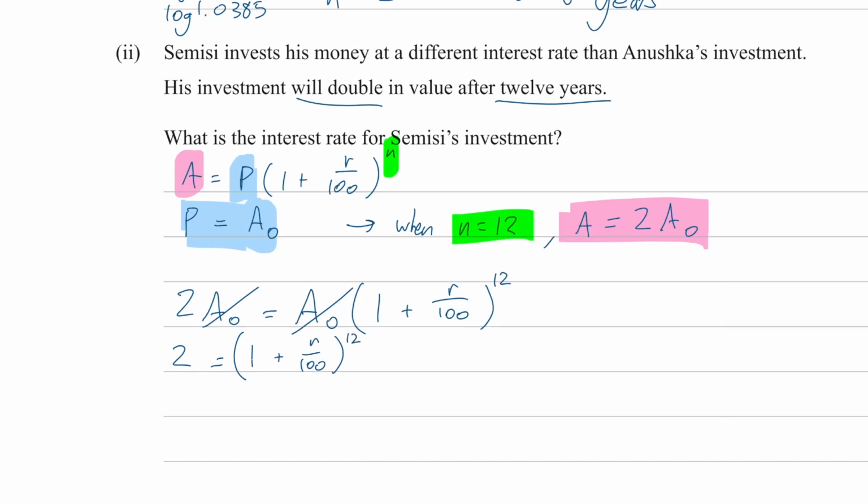Now we can take the 12th root of both sides, because the 12th root of something to the power of 12 is the something, in this case 1 plus R over 100. The 12th root of 2 is just a number. We can now subtract 1 from both sides. And finally, we can times both sides by 100.